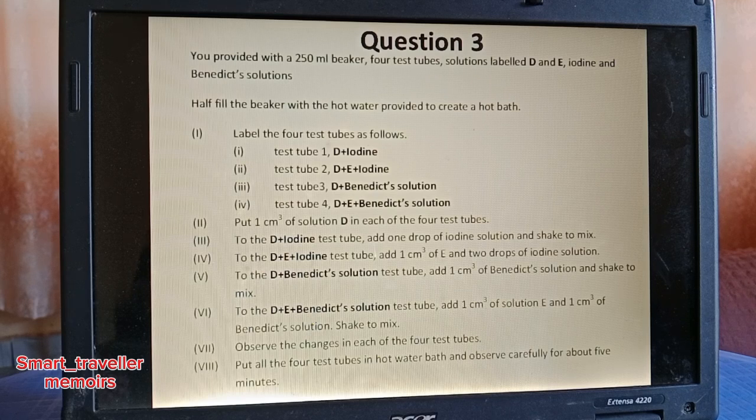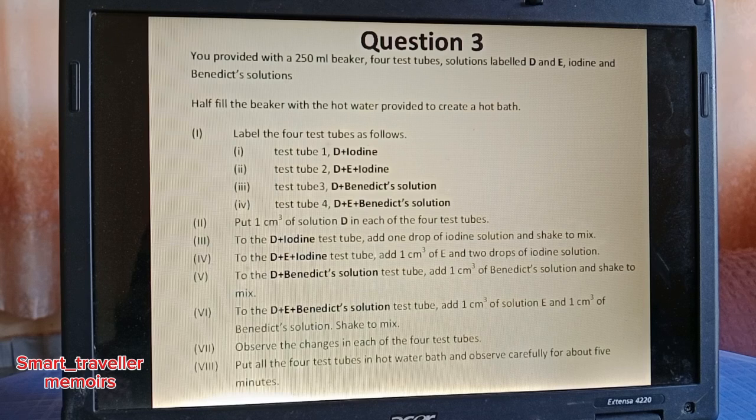You are putting 1 cubic centimeter of solution D in each of the 4 test tubes. To the D plus iodine test tube, add 1 drop of iodine solution and shake to mix. To the D plus E plus iodine test tube, add 1 cubic centimeter of E and 2 drops of iodine solution. To the D plus Benedict solution test tube, add 1 cubic centimeter of Benedict solution and shake to mix.